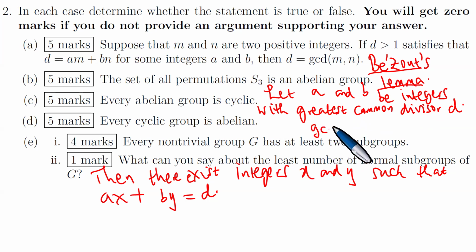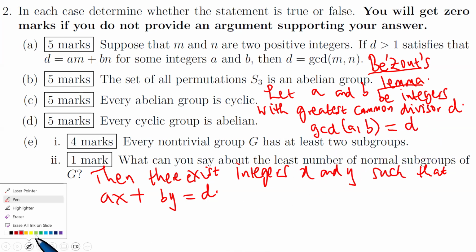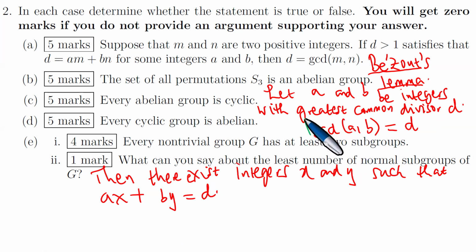In the notation, it means the greatest common divisor of A and B is equal to D. Then there exist integers x and y such that ax plus by is equal to D. So this becomes Bezout's lemma.